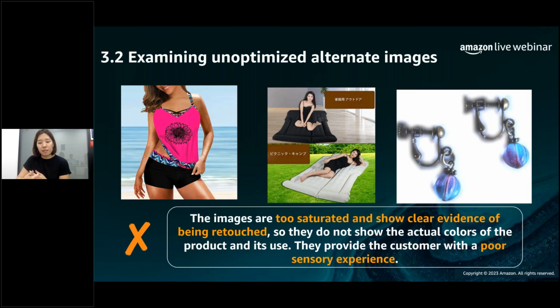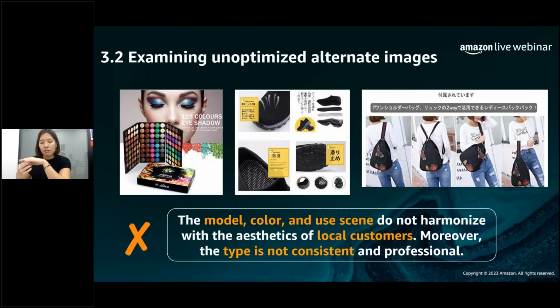It makes the customer feel like this seller is a bit fishy. Over here, the model, the color, and the use scene don't really harmonize with the local customers. If you're selling to Japan, perhaps yes, but in other marketplaces, it's not very relatable.